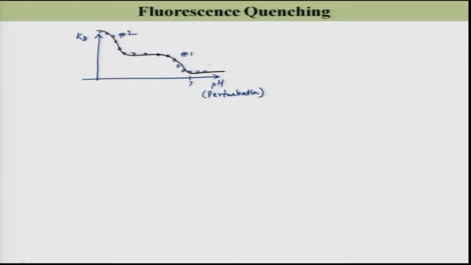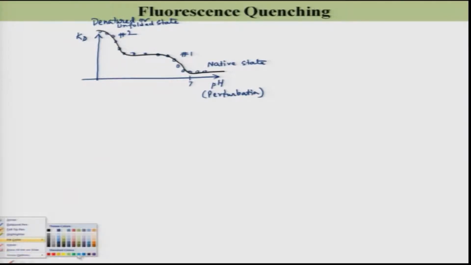Obviously the physiological pH is my native state, I assign this as the native state, and if this is my denatured or unfolded state, I can clearly tell that I have some state which is neither denatured nor native, like an intermediate state.